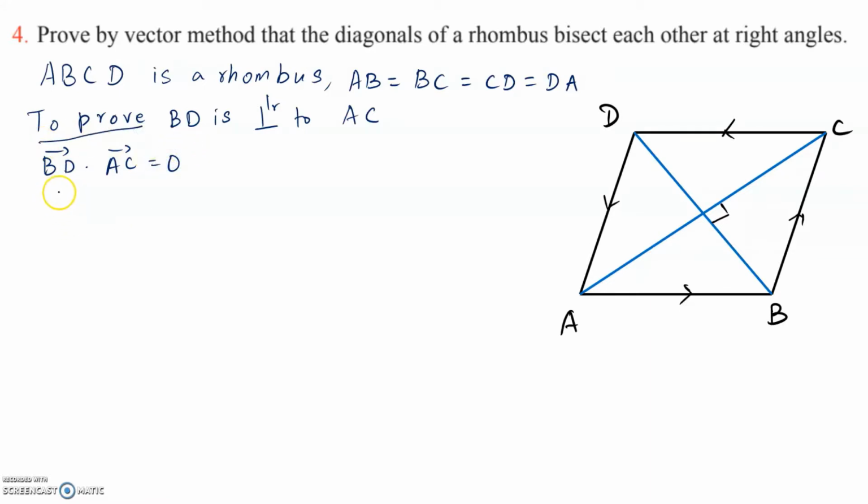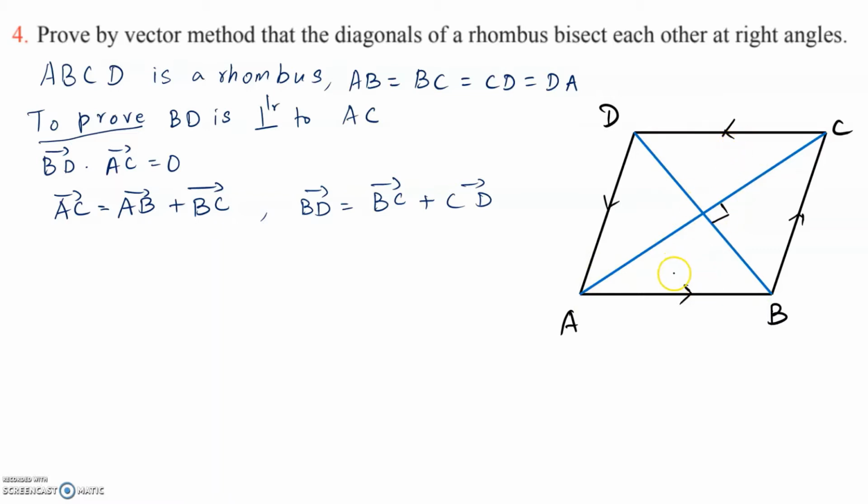So let's start defining them. Vector AC is equal to AB vector plus BC vector. Similarly, vector BD is equal to BC plus CD vector. Now we can see that CD is in this direction and AB is in this direction, but their magnitudes are the same.